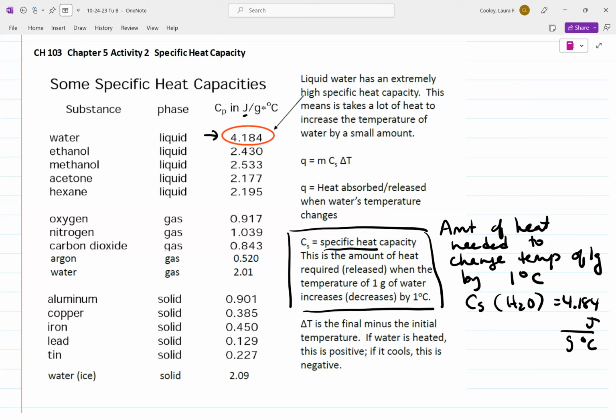So this specific heat tells the amount of heat that's required to change the temperature of that substance by a small amount.